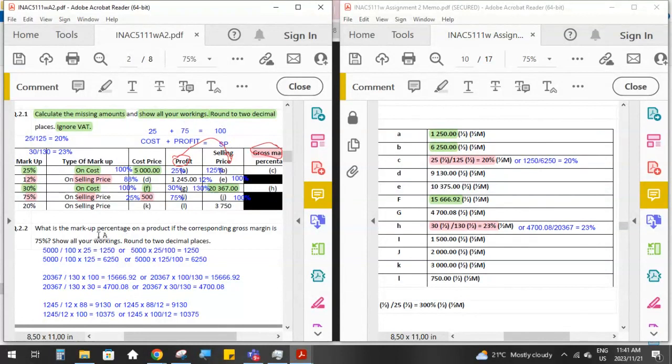And then they said, what is the markup percentage? So markup means percentage. What percentage is the profit of cost? When we use the terminology markup on its own like that, we mean markup on cost.